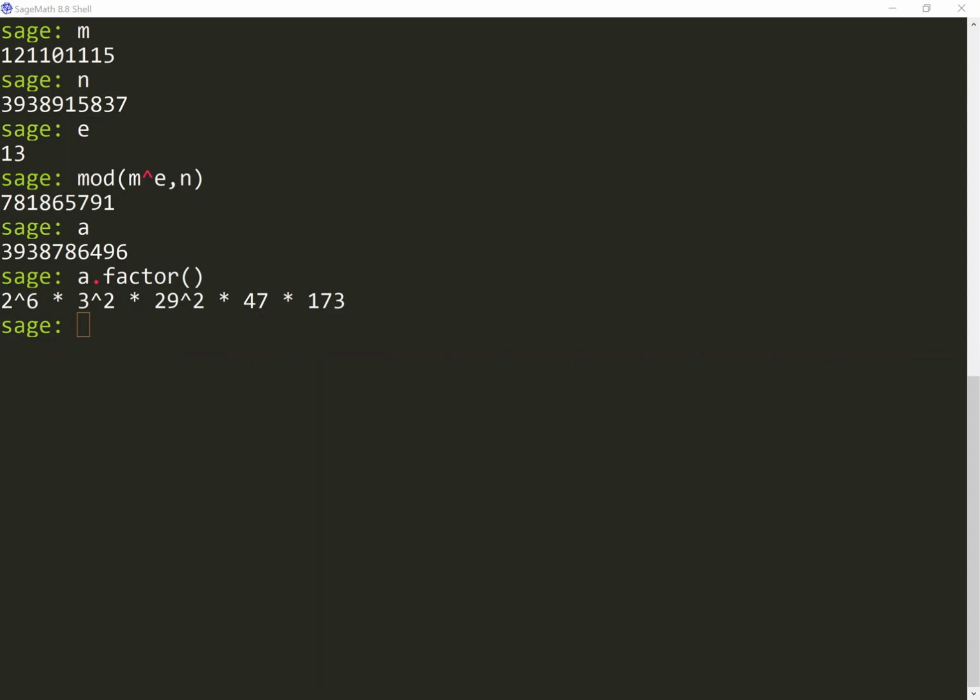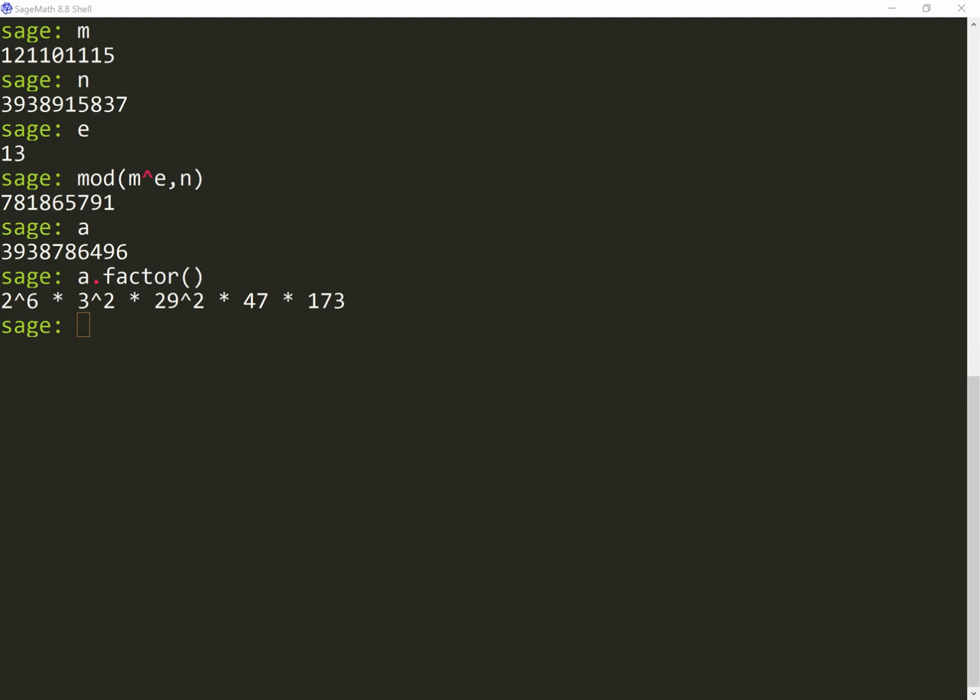You can solve 13 times d congruent to 1 mod 2 to the power 6, and you get d is 5. You can check: 5 times 13 is 65, which is 1 mod 64. So 5 is a solution.